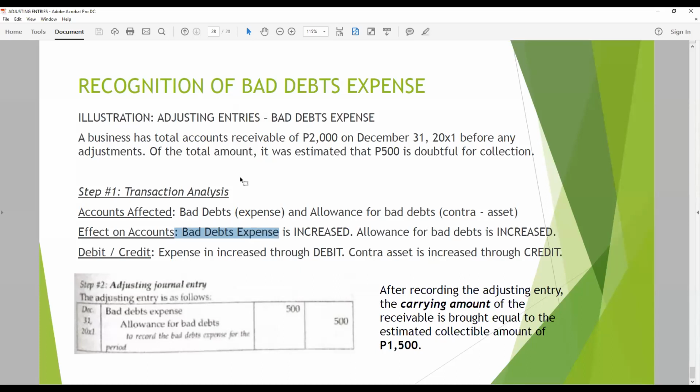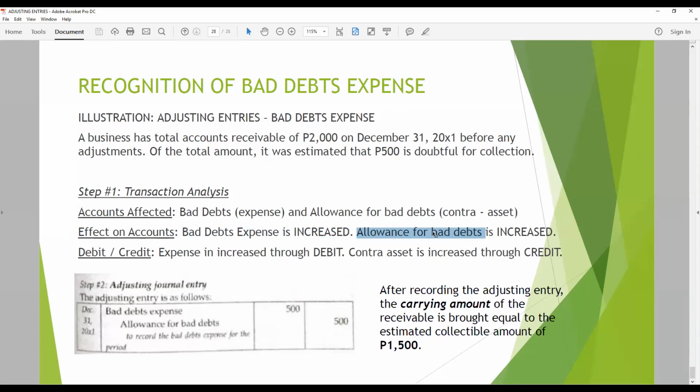Okay? So, for allowance for bad debts, you don't close because it is in the balance sheet. So, it carries over from one period. If this year, nag-recognize kayo ng 500 doubtful account, next year, meron na naman kayong doubtful account. So, for every doubtful account recognized, ina-accumulate nyo siya sa allowance for bad debts account.